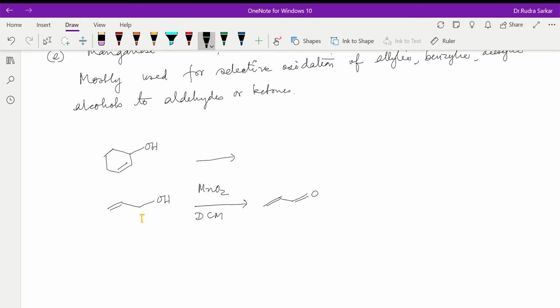Similarly, the above one also is an allylic alcohol. Okay, so this also will be oxidized by MnO2 to produce a ketone.